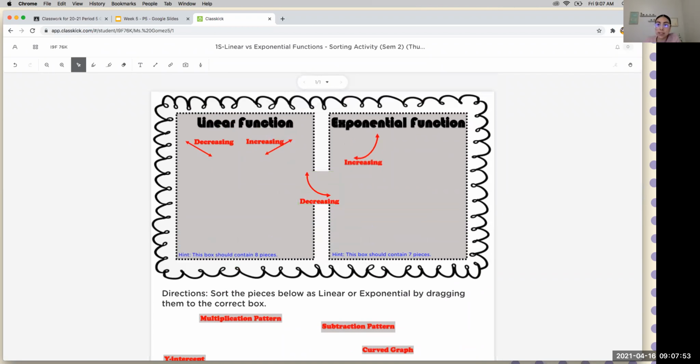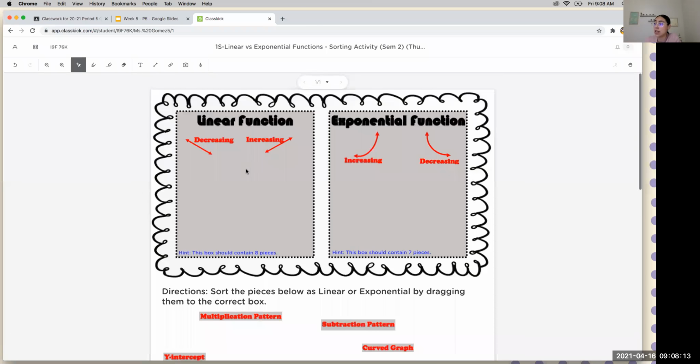Thumbs up linear, clap if this is exponential. Yes, Lizette, Jimena, very good. So this is exponential. Big difference already, okay? And this is going to help you going forward with today's notes and your turn. So if you can tell the difference there.